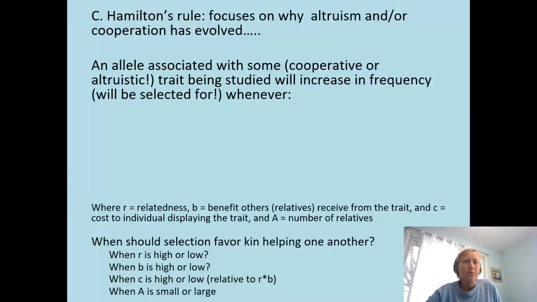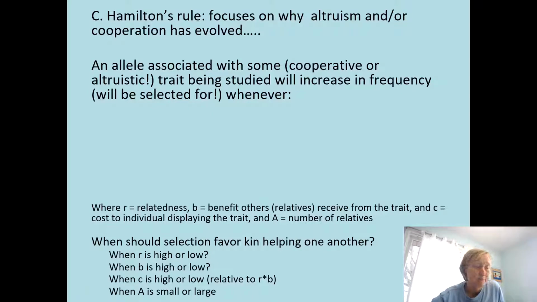Okay, we just went through some examples of how to calculate relatedness, or coefficient of relation. Now we're starting to think about how cooperation could evolve as a result of kinship, or kin selection.